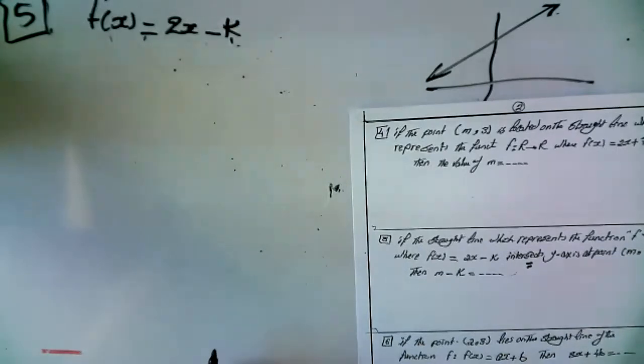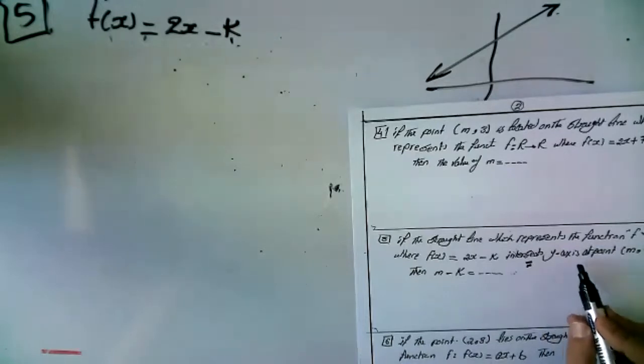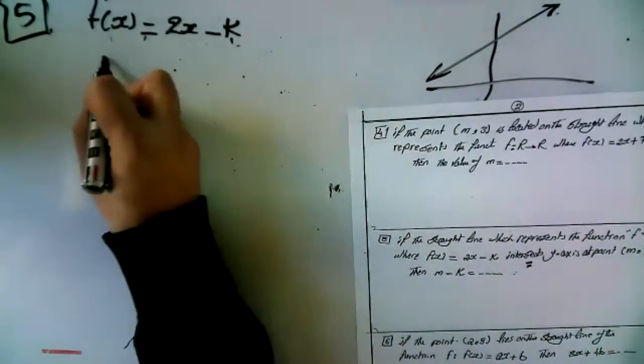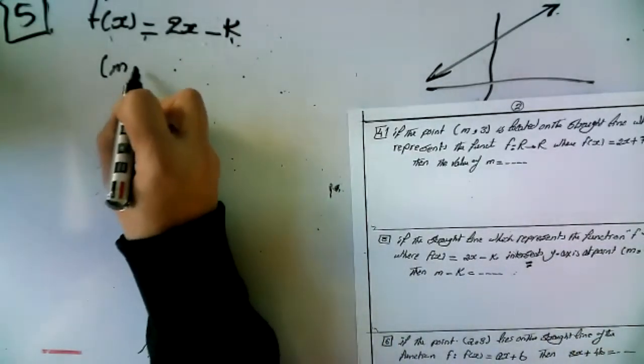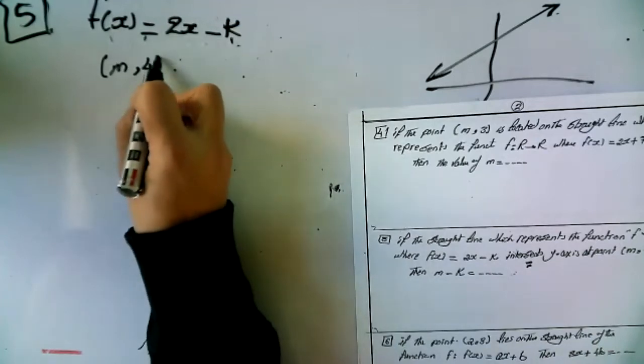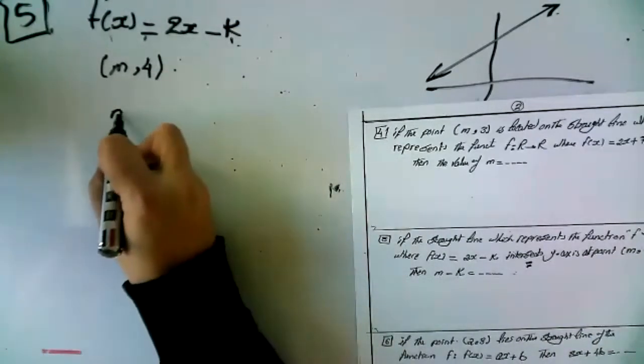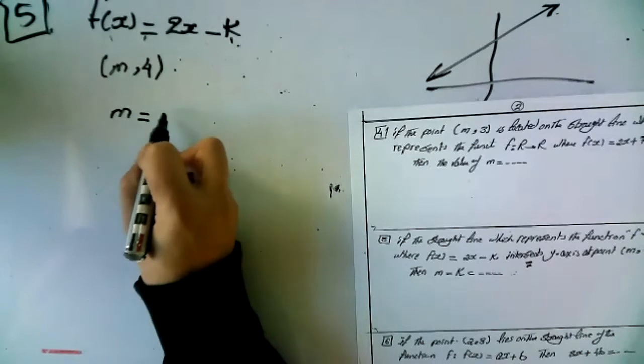You know that for the point of intersection with the y-axis, its x coordinate is 0. Then the point intersects the y-axis at (m, 4), then m equals 0.